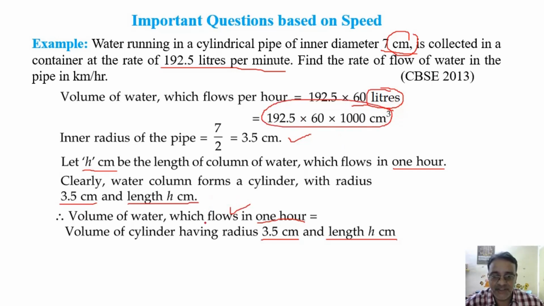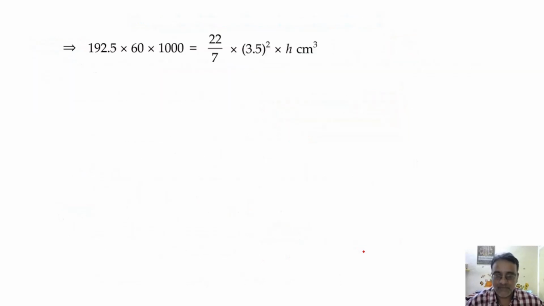So we'll substitute here and volume of cylinder is pi r square h. We'll substitute the value of pi, r is 3.5 and h we need to find. Okay, so shift 7 here, the rest 22 into 3.5 into 3.5 will come down.